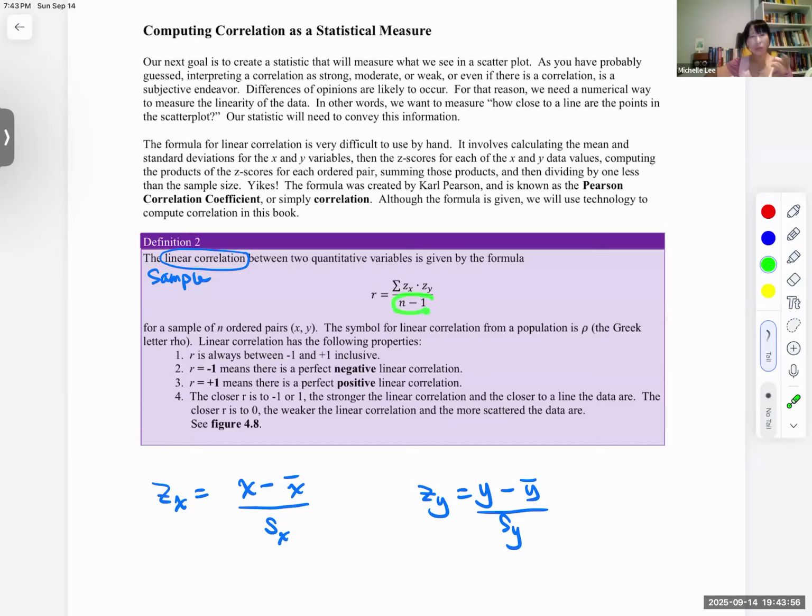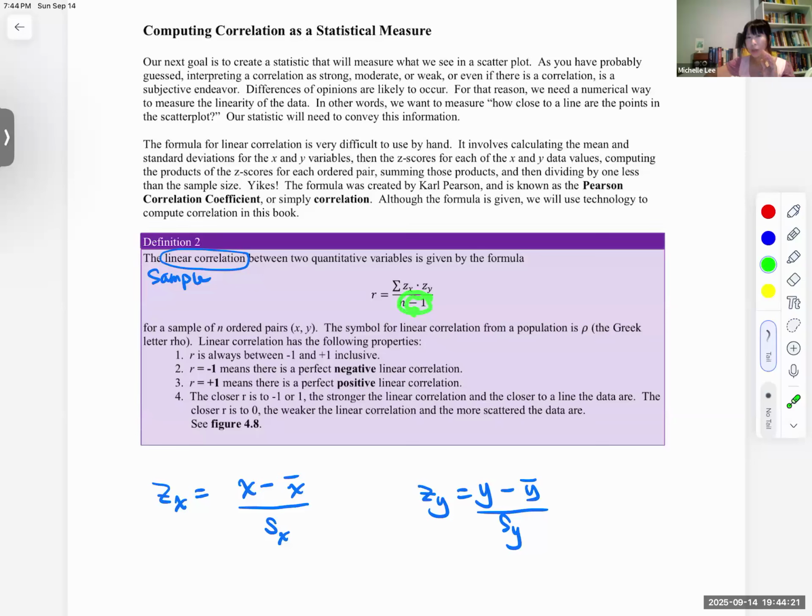Then when did we use n minus 1? When we talk about sample standard deviation, right? If we are using n minus 1, we can best estimate the population parameter, right?